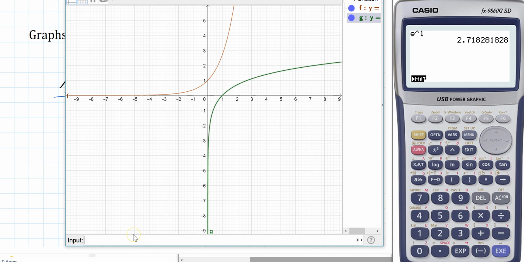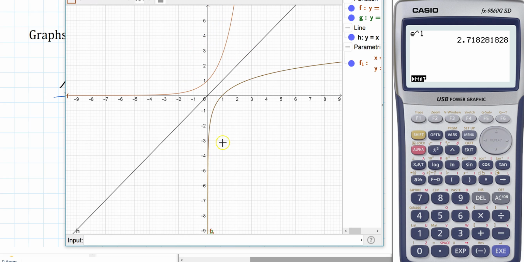And if we put in the line y equals x, the reflection line, the mirror line, we'll see that these two graphs reflect each other in this line. So I can put this graph over onto that one, and we'll see that they appear to lie one on top of each other. So the natural log graph, the ln graph, looks like this.